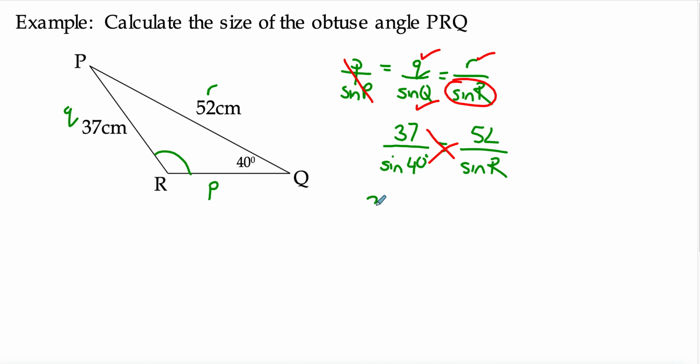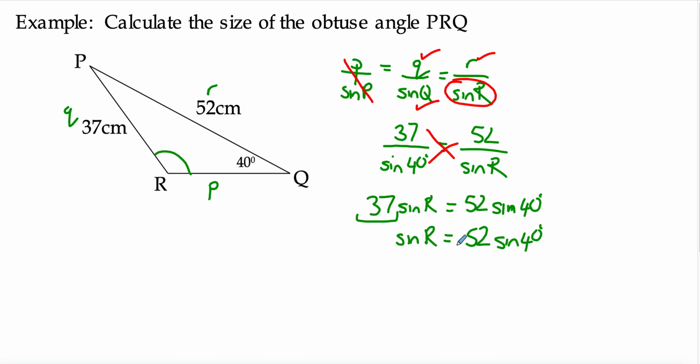So 37 multiplied by the sine of r is equal to 52 multiplied by the sine of 40 degrees. And we want sine r on its own, so we want to divide by 37. So sine r equals 52 sine 40 all over 37.